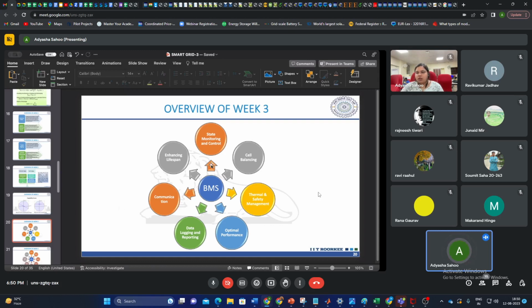We can see there are a number of operations here. Firstly, we have state monitoring and control. So what all features do we need to monitor in a battery? Can anyone share what parameters or states we need to monitor?